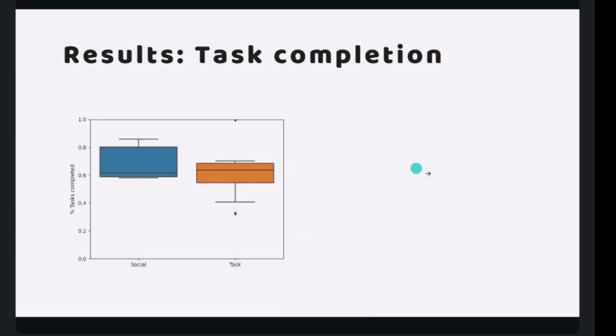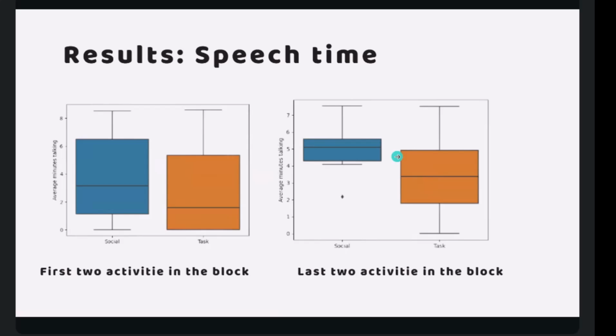You see that there's a lot of variance here. And that makes sense because in the social condition, and that I think might be the most important finding, kids spend more time talking to each other than in the other condition, where we just focused on the task.